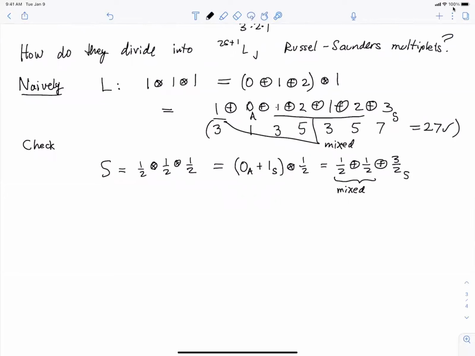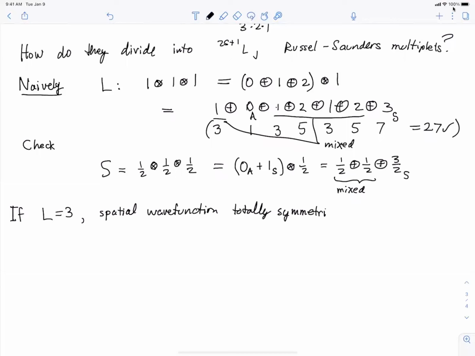All right, so let's say we're going to form something out of the L equals 3 combination. That means the spatial wave function associated with the orbital angular momentum. In that case at least, we know that it's totally symmetric. And so if that's going to be part of our state, then we need the spin to be totally anti-symmetric. But there is no totally anti-symmetric spin state that you can make out of 3 spins, as we said.